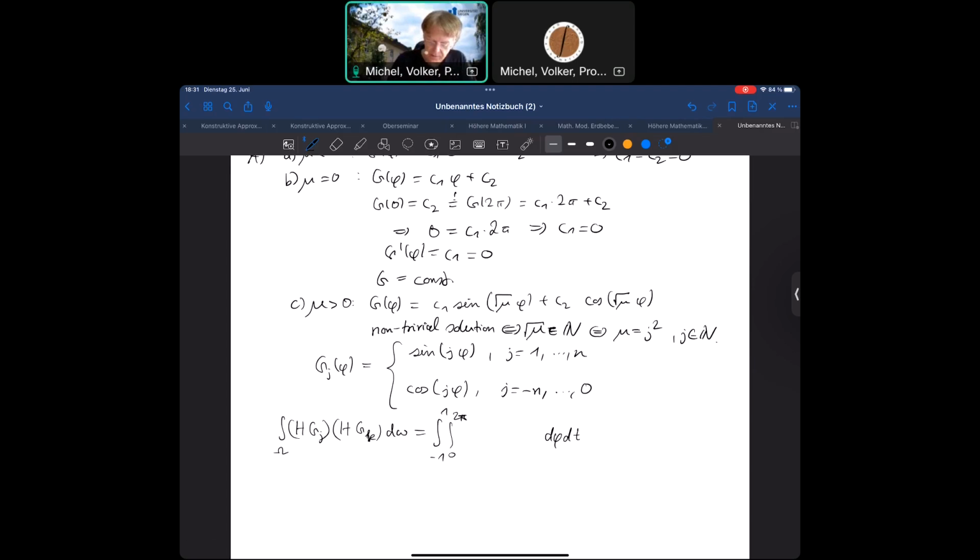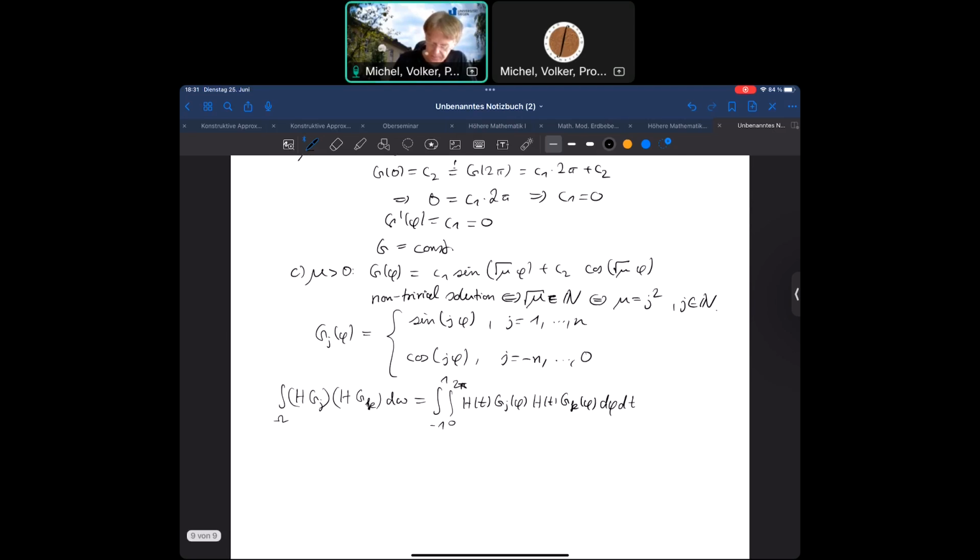So then I would get h of t, g_j of phi, and then h of t, g_k of phi. And then you can split this up into the integral from -1 to 1 of h squared of t dt, and the integral from 0 to 2 pi of g_j of phi, g_k of phi d phi.